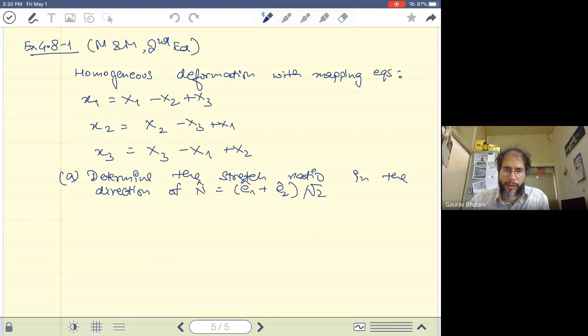Okay, so the first question is we have to determine the stretch ratio in the direction of n hat, which is given as E1 plus E2 by root 2. Okay, so that's part 1 of the problem. And part 2 is to determine the angle theta 1, 2.